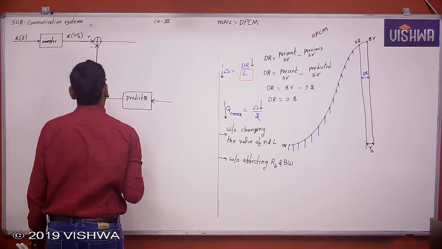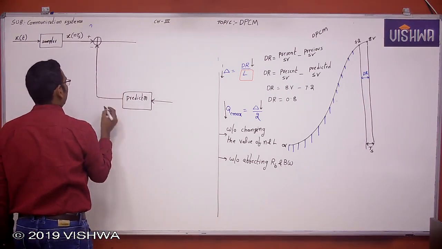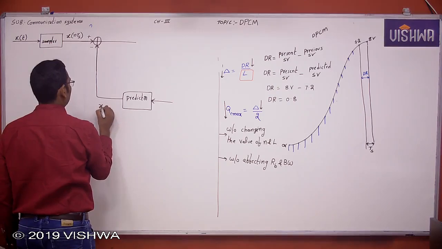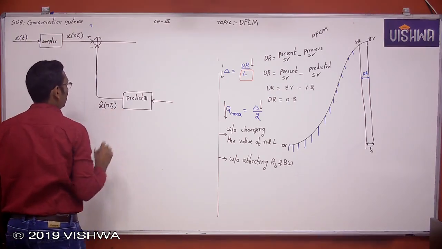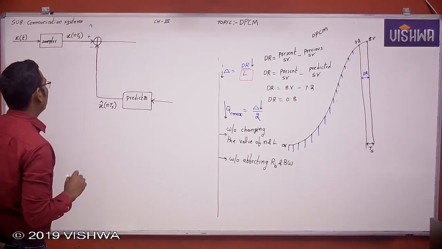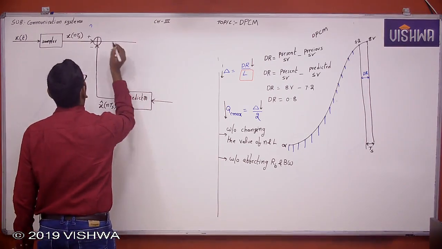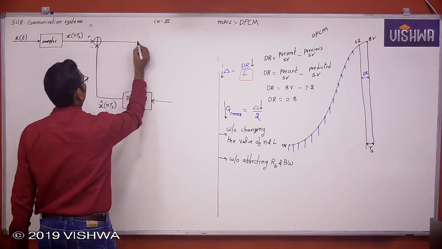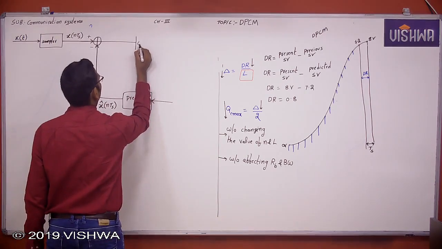Now see here, let us take x cap of nTs as the predictor output. This is the quantizer.